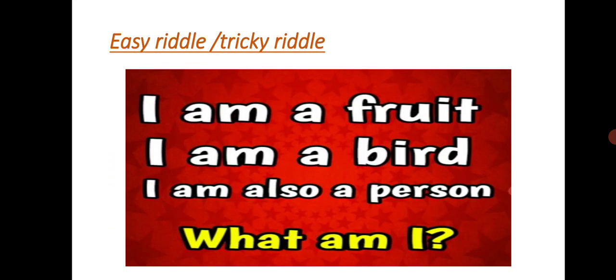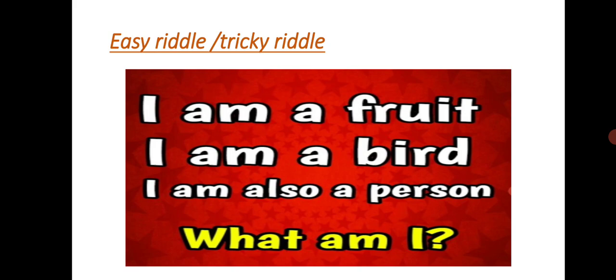Easy riddle. Friends, now is the time to give our mind rest for a few minutes. I will tell you a tricky riddle, an easy riddle. You should give me an answer. The riddle is: I am a fruit, I am a bird, I am also a person. What am I? I will give you time, friends. Think.